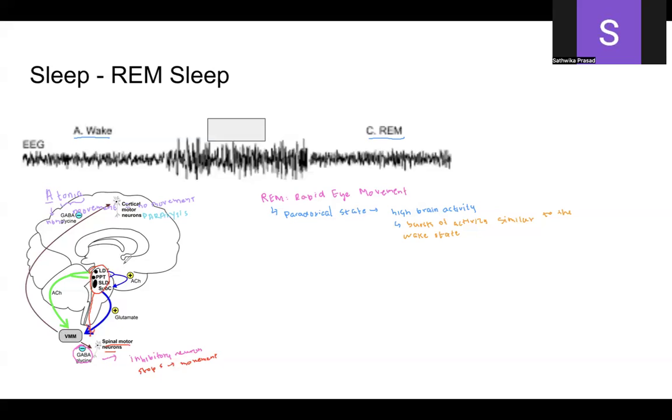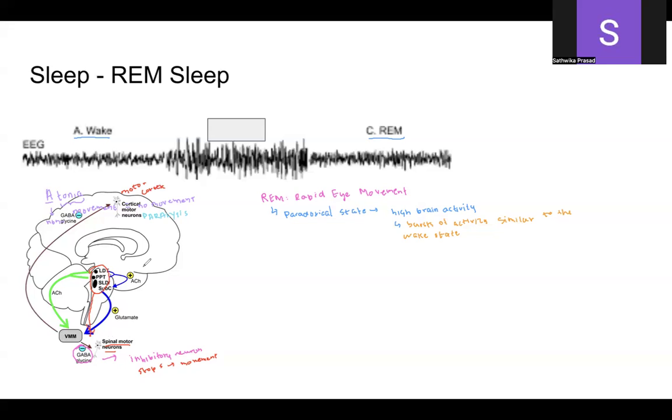So what happens here is that a certain part of your system will send a signal to your cortical motor neurons in your motor cortex and tell them to stop firing. In addition, it will also tell your spinal motor neurons to stop firing as well. So essentially, you're canceling out any source of motor output. How I like to remember it is that you should have no chance for motor movement.